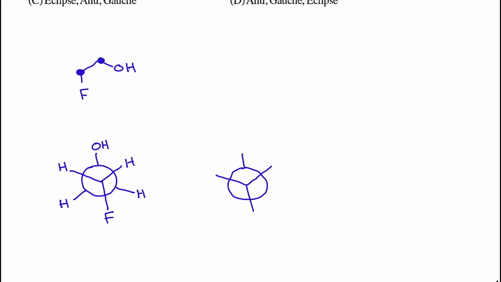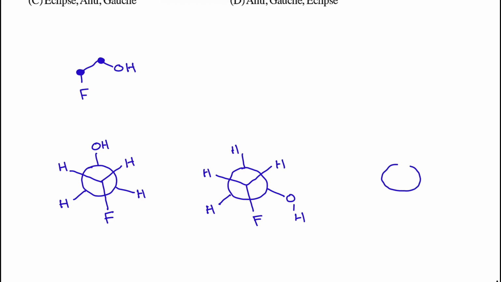In order to get the next conformation, this rear carbon is rotated. If you rotate 60 degrees, you will get eclipsed conformation. But here I am rotating 120 degrees. So this is OH, fluorine, hydrogen, hydrogen, hydrogen, hydrogen.